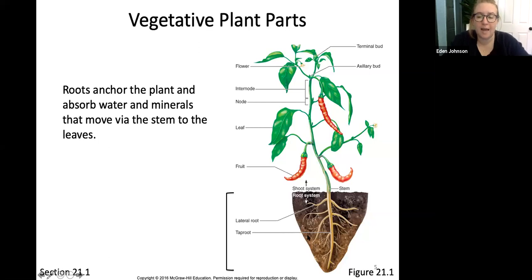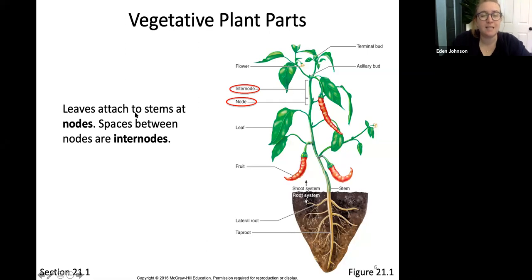Roots are going to anchor the plant, absorb water and minerals that move via the stem to the leaves. So you have this sort of movement back and forth, where sugars are moving from the leaves down to the roots, and water and minerals are moving from the roots up to the stem and the leaves.